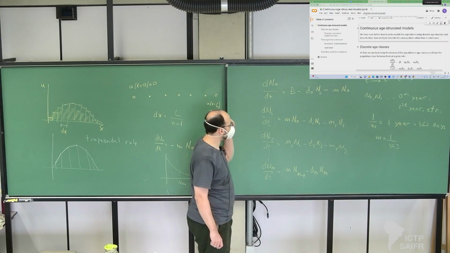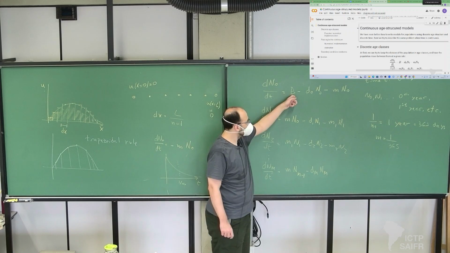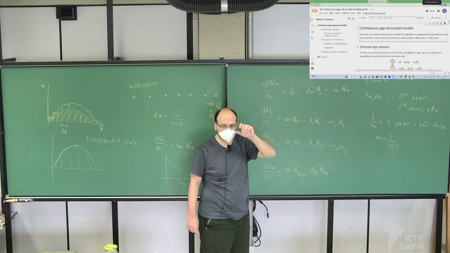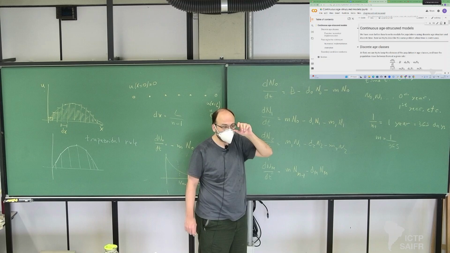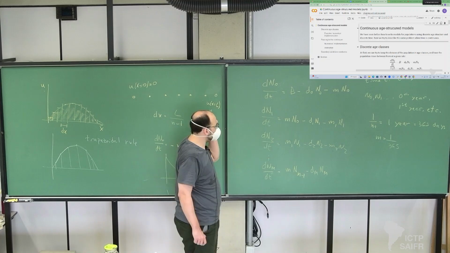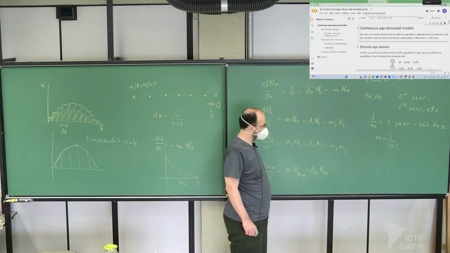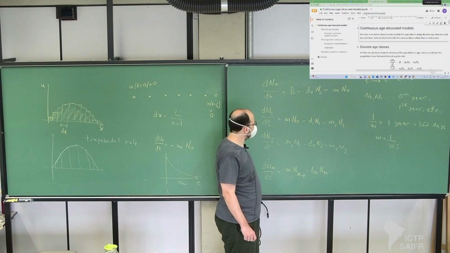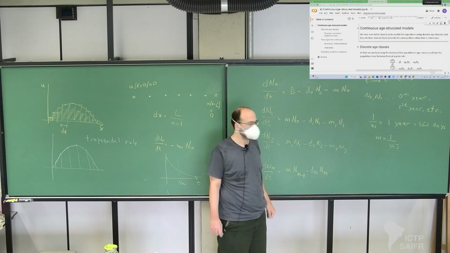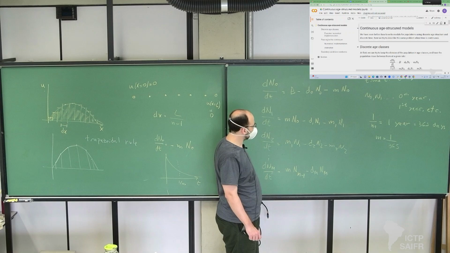So you only have birth in the first one, and this birth I will talk about much later. But now I want to see what happens just due to aging. So perhaps we would turn off mortality, and we would also turn off birth, and we can look just at what happens due to aging.